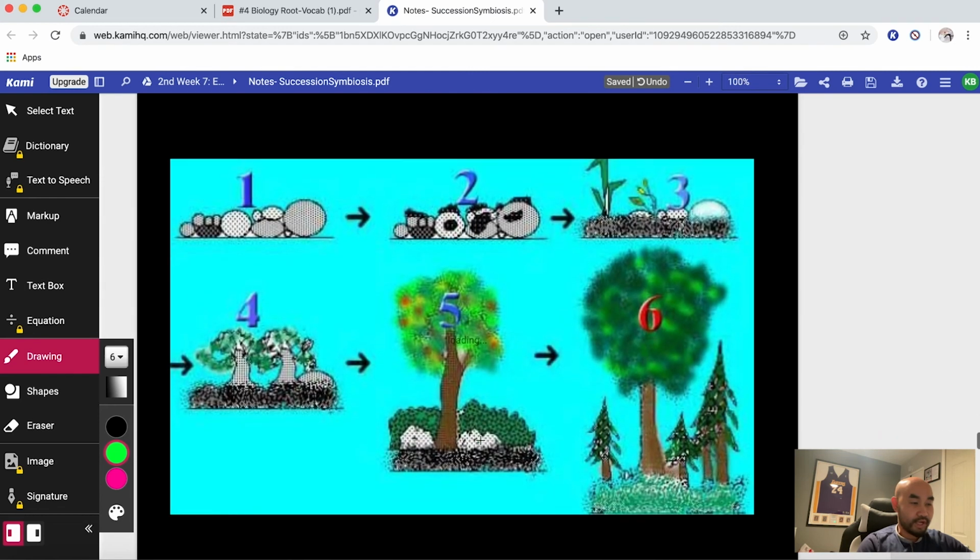So let's go down. Looking at this picture, primary or secondary succession? Take your time, think about it. Primary again means nothing, no living thing, only non-living things, only abiotic factors. So this one is what we call primary, right? Because there is no living thing, zero.